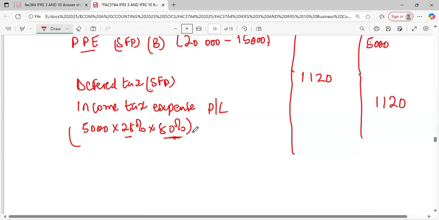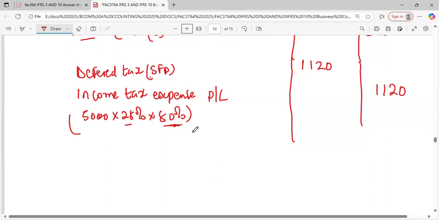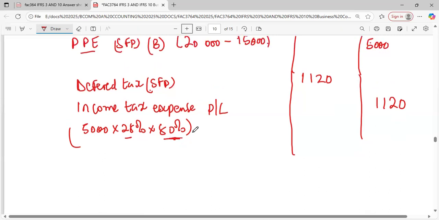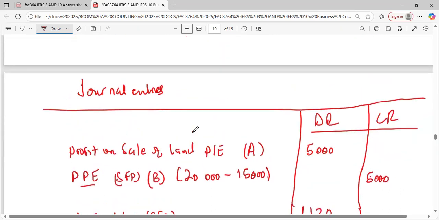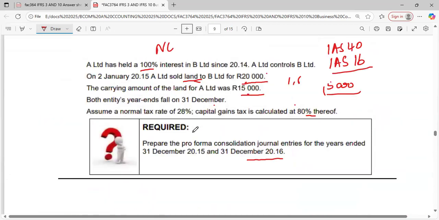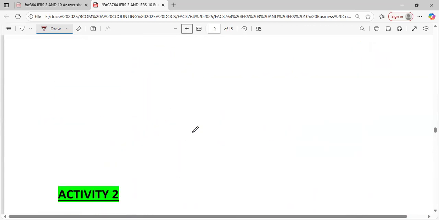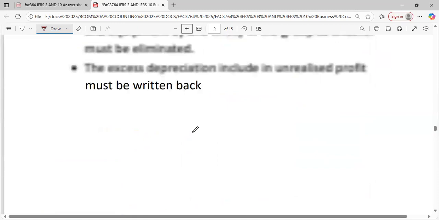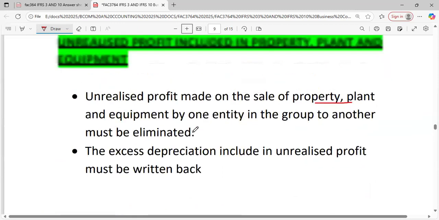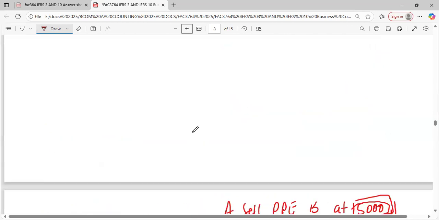I think we did it when we were doing our AIS 40 and AIS 16. Right, so this is how you apply your journal for here. And this is how you apply your journal for this part.